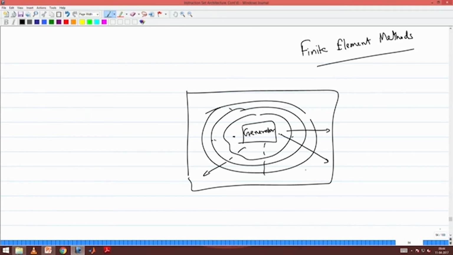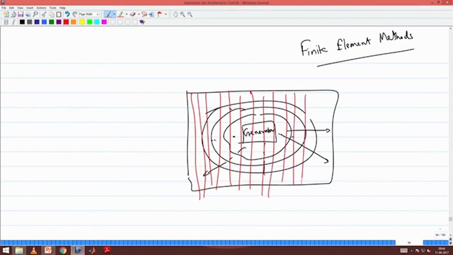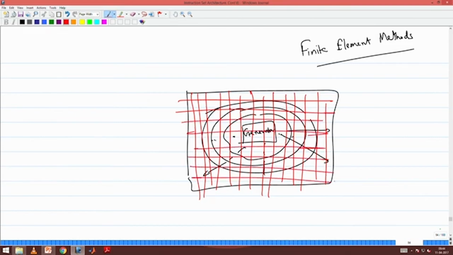So what I do is, this entire floor I split into small grids. Each square here is called an element.